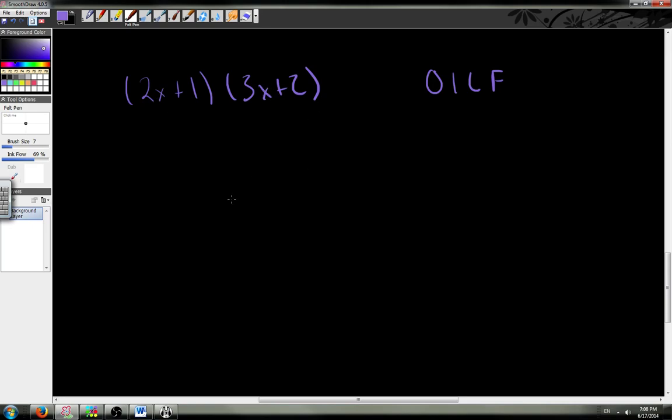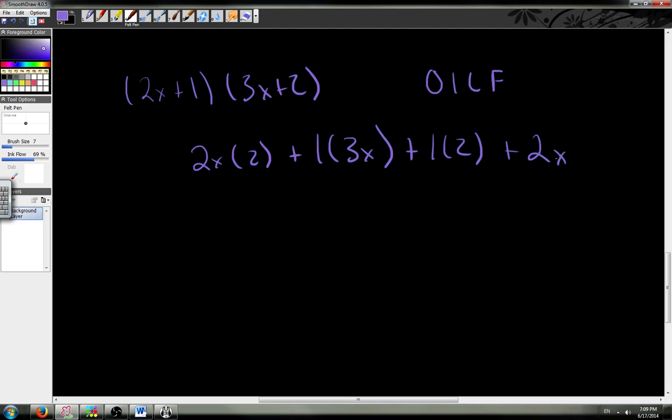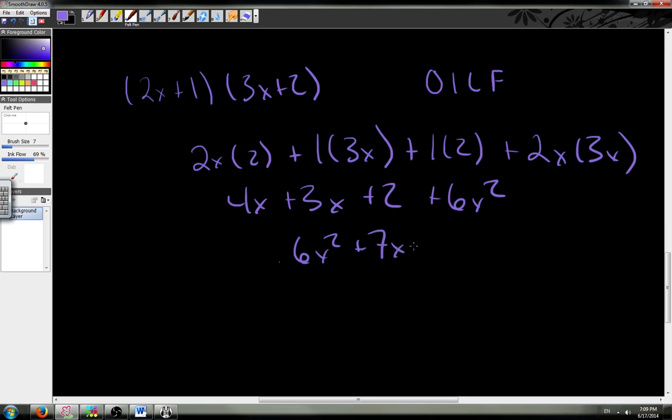So outside, which is 2 times 2, 2x times 2. Inside, 1 times 3x plus last, which is 1 times 2, and then first, which is 2x times 3x. We have 4x plus 3x plus 2 plus 6x squared, or 6x squared plus 7x plus 2. So we get the same answer despite the order.